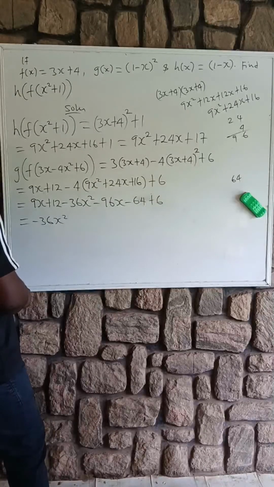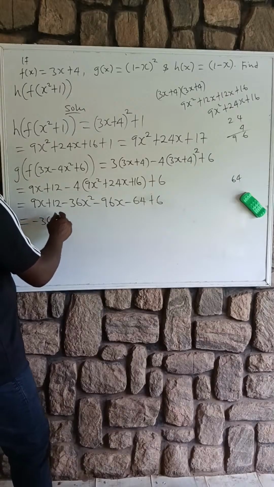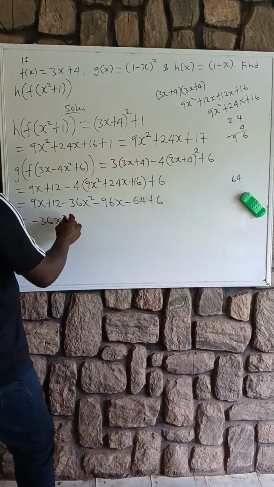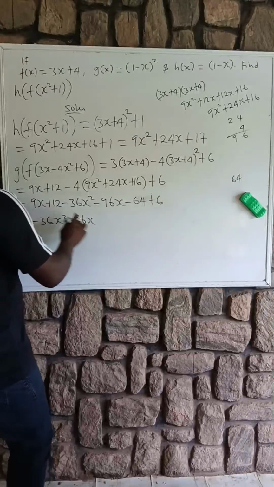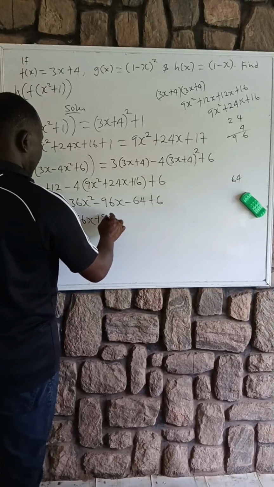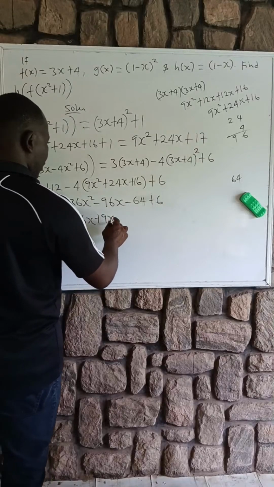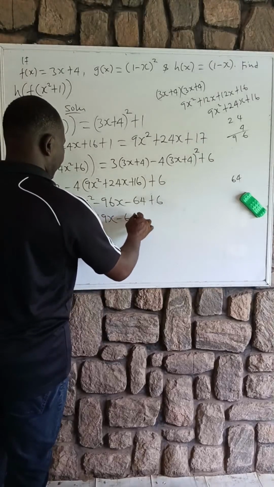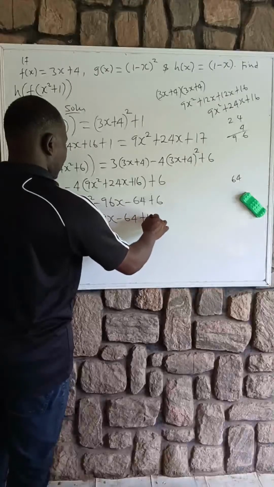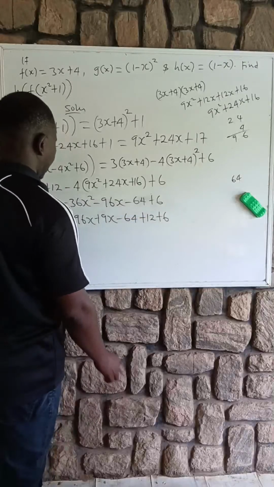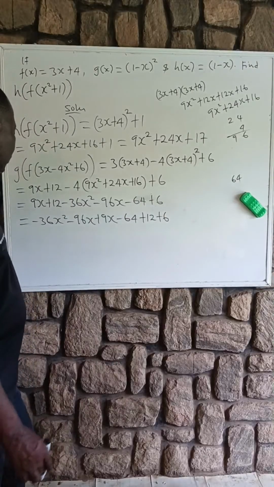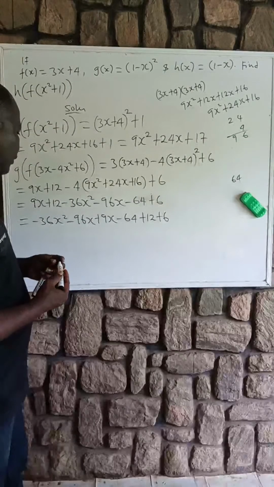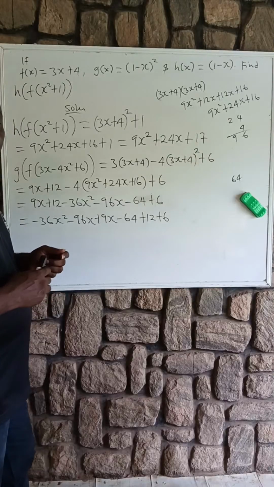Then here is minus 96x plus 9x, minus 64 plus 12 plus 6. Are we right? Are we correct?